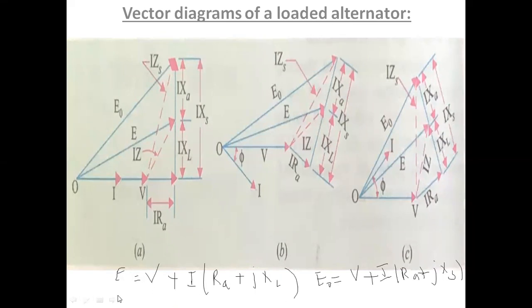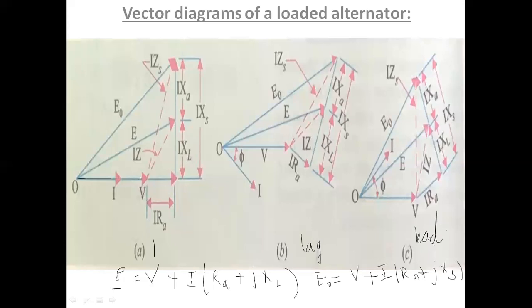So for forming the phasor diagram, I am taking three types: unity power factor, that is power factor equal to 1, lagging power factor, and the third one, leading power factor. For unity power factor, I will be in phase with V, right?